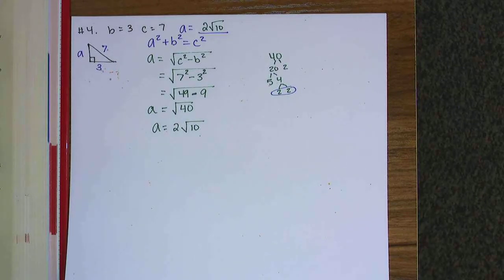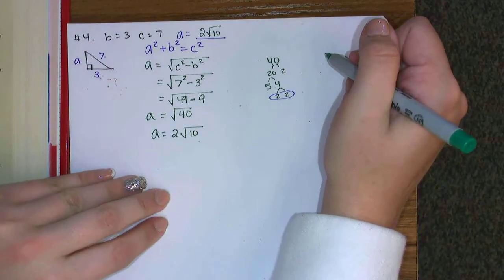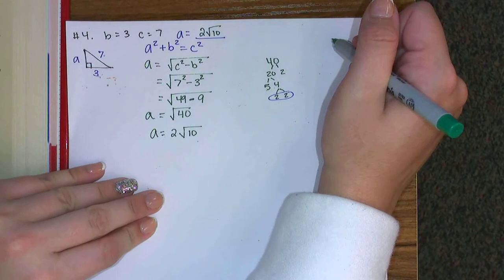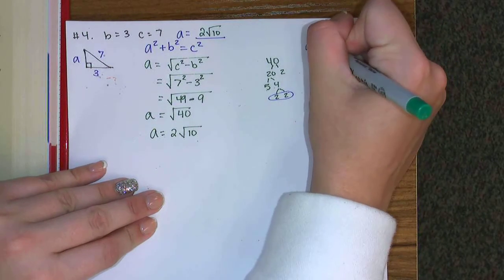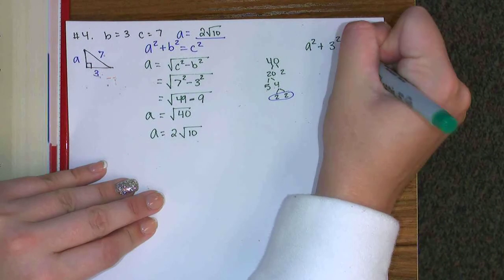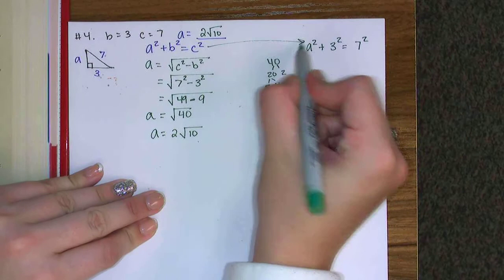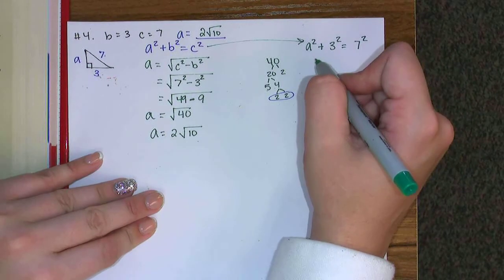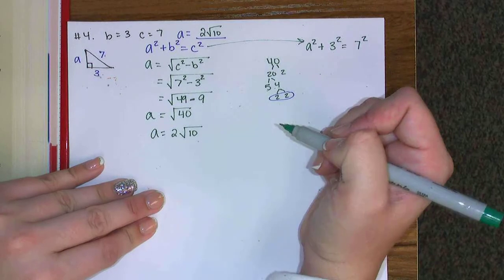Now, your other option, if you don't want to use my formula, okay, this is the last one I'm going to do this for. But the other option is to just start plugging numbers in. So a squared plus 3 squared is equal to 7 squared. Okay, so this is going straight from the theorem, not the modified formulas that I gave you.